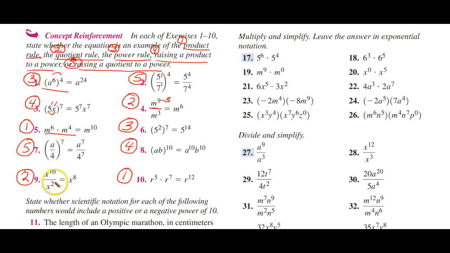Okay, and I think we've covered all of these, and we want to work on some examples over here. So I'll leave that up, and what I'd like you to do in your booklet or wherever you have room, just do these.